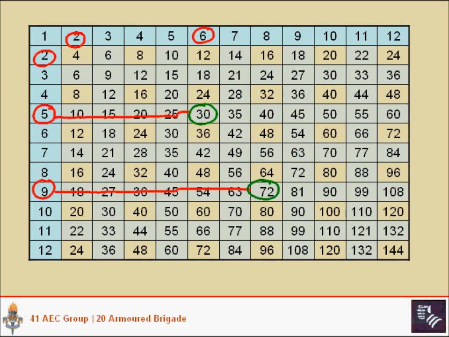Notice the numbers that have been circled. These are square numbers. Square numbers are numbers that are multiplied by themselves.